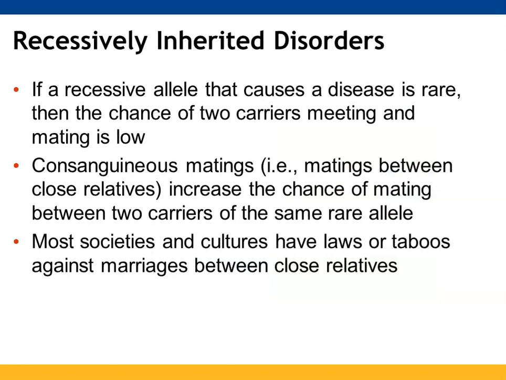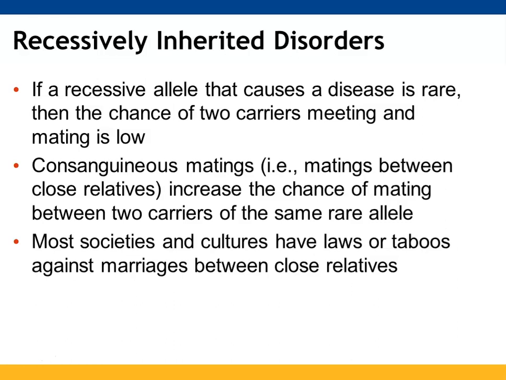If a recessive allele that causes a disease is rare, it's pretty unlikely that you're going to end up with, through random mating, two individuals that are going to mate and produce an individual that carries both recessive alleles.